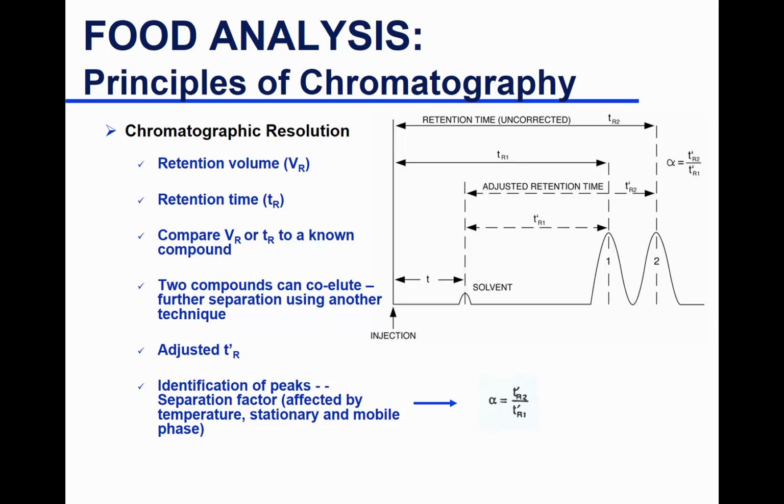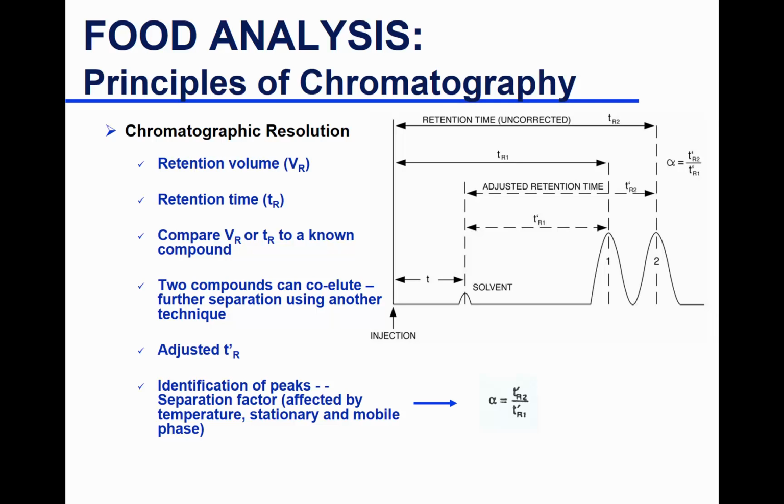It's the entire volume of the column that is not related to the interstitial volume within the particles of your stationary phase. So it's the volume of the column, basically. One volume of the column. Depending on the size of your column, the length, the dimension, this could vary. Each column will have its own void volume.